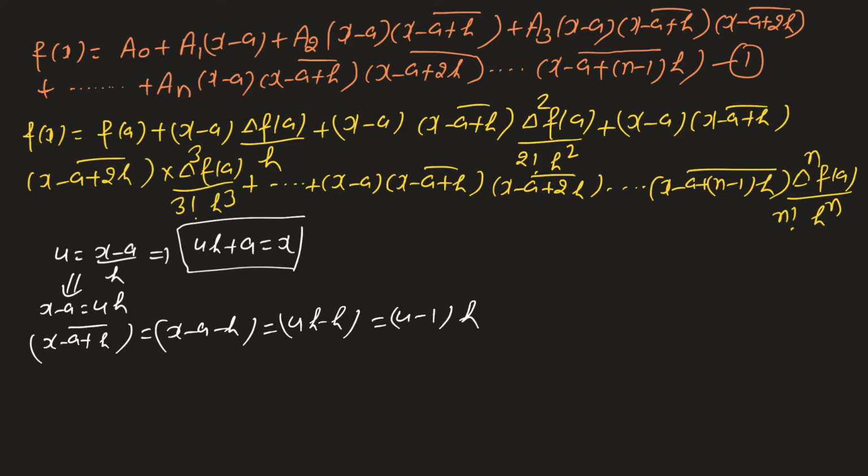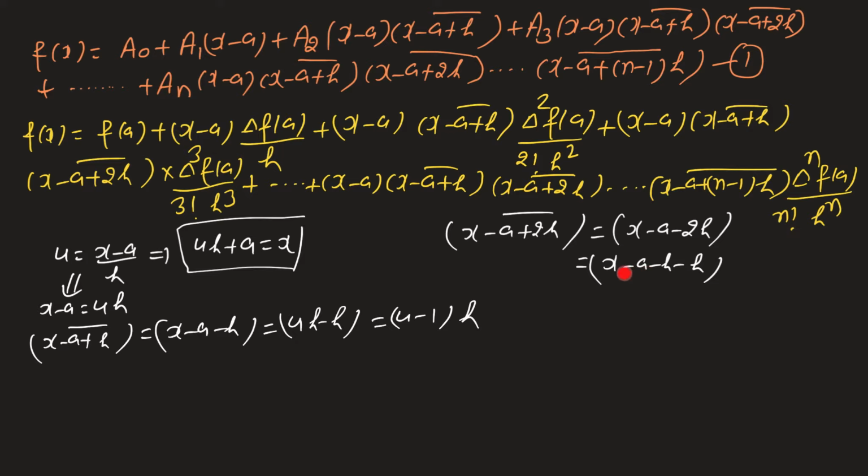which is equal to (u minus 1)h. Similarly, if we determine x minus a plus 2h, so what will it be? X minus a plus 2h. This will be x minus a minus 2h. And this can be written as x minus a minus h minus h. And this value x minus a minus h is (u minus 1)h.